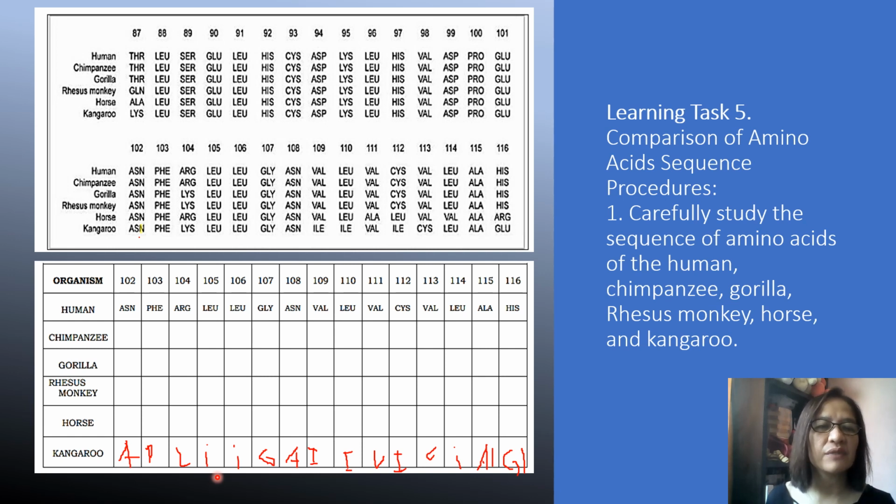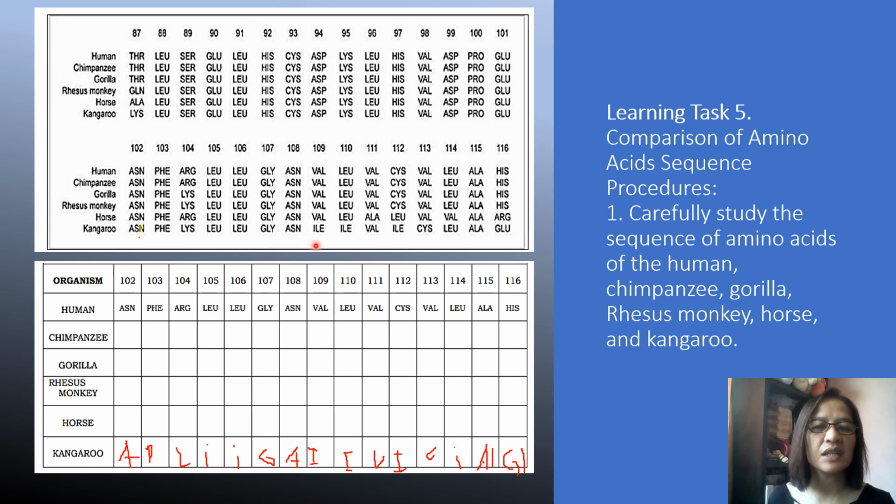So, 105, leucine, parehas. Okay? Tingnan natin, ilan lahat ang pagkakaiba. Tingnan natin kung parehas dito. Human versus kangaroo. Parehas, parehas, hindi. 1. Parehas, parehas, parehas ulit, parehas ulit.